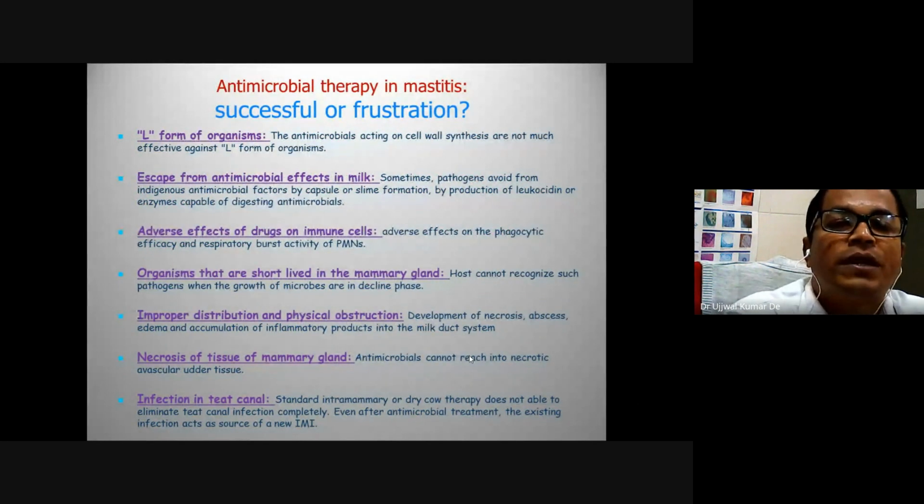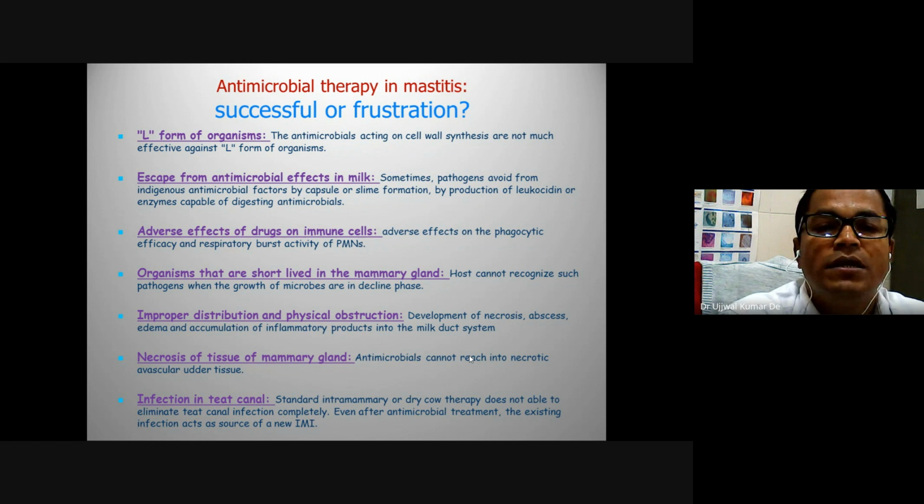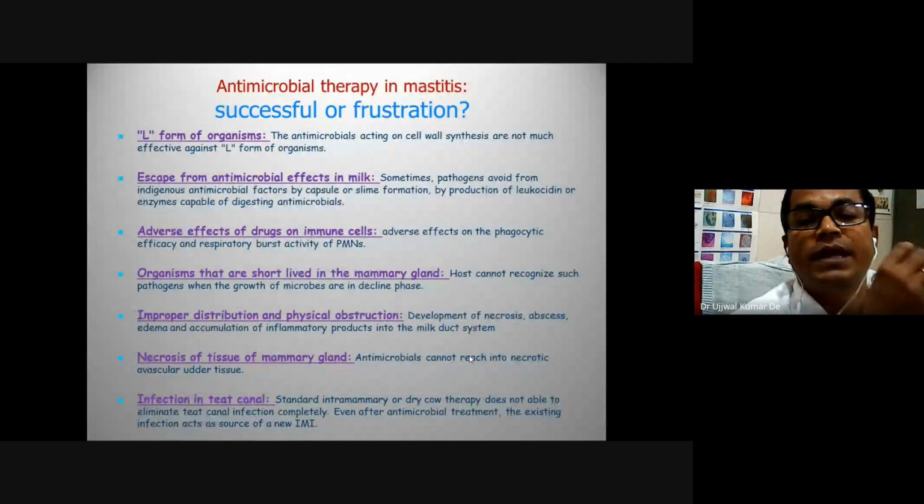Then L-form organisms escape antimicrobial effects totally. Sometimes they escape by immune cells, they kill the drug, or they decrease the phagocytic activity of the immune cells. Sometimes pathogens stay in the environment for a short time, too short for effective action of the antibiotic.